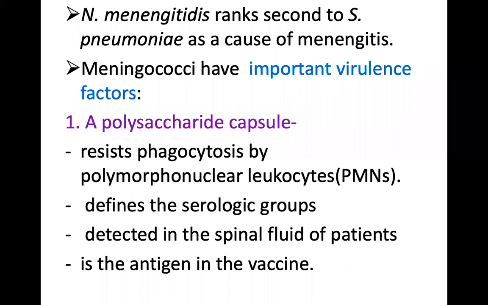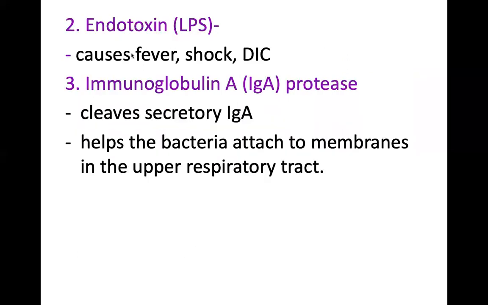Okay, you can actually detect this capsular antigen in spinal fluid, and that is the basis for rapid laboratory diagnosis. And the vaccines that are available are also made using the capsular antigens. So that is the capsule.